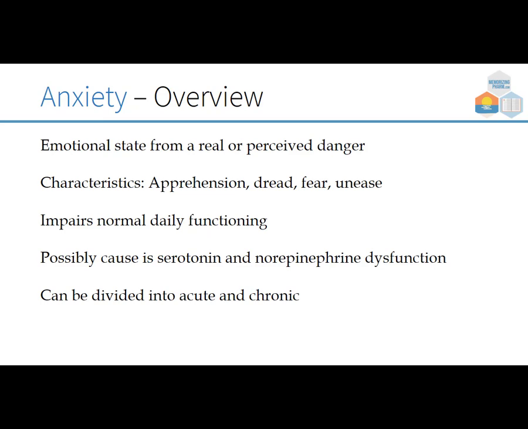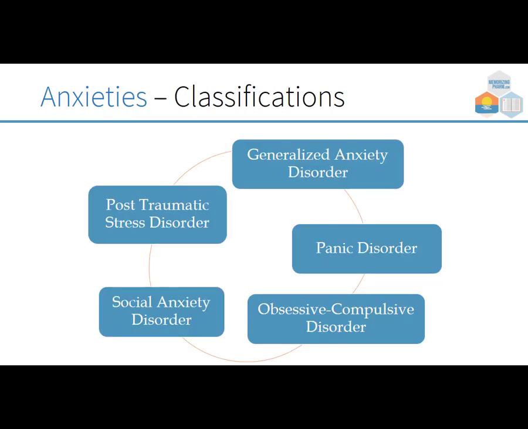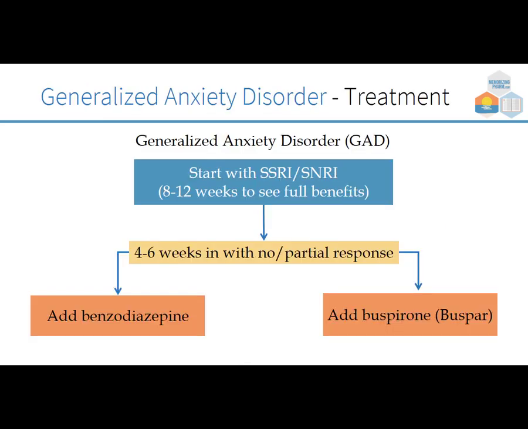They're continually dealing with anxiety issues, maybe obsessive compulsive disorder, things like that. So there are 5 classifications: generalized anxiety disorder, panic disorder, obsessive compulsive disorder, social anxiety disorder, and then PTSD, or post-traumatic stress disorder. Something like generalized anxiety disorder, we might start with an SSRI or SNRI.